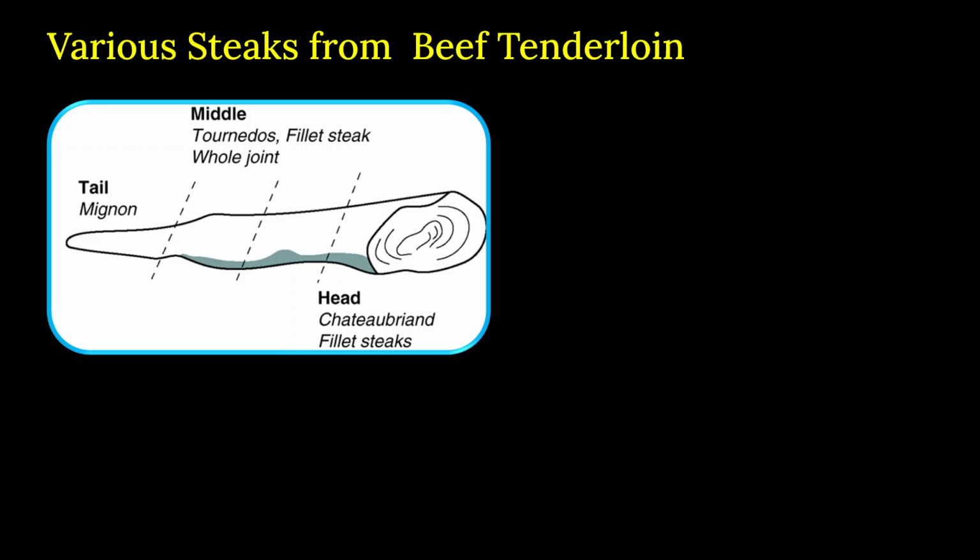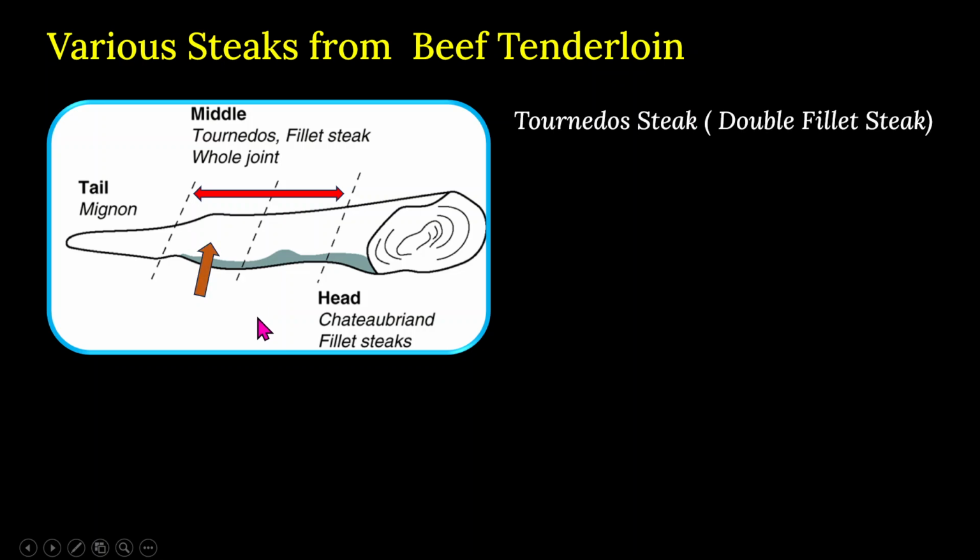Now the same illustration, we will refer back. Now we will discuss the lower middle part, this area. What are the steaks we get from there? We get another steak known as tournedos steak. Tournedos steak also has a popular name in the industry, double fillet steak.